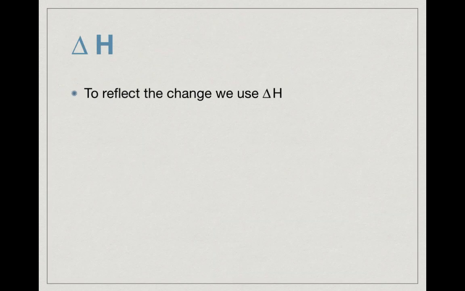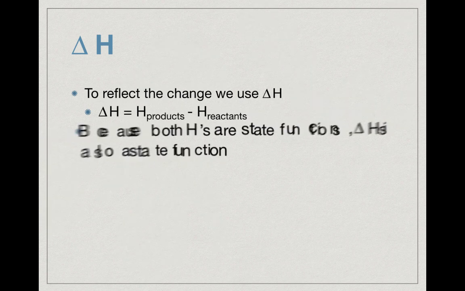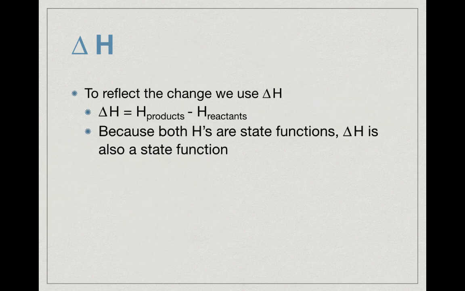So let's talk about delta H a little bit. To reflect that change in enthalpy in going from reactants to products, we use delta H. And since it is a delta term, we're going to use H of our products minus the H of the reactants. Now because both of those enthalpies are in fact state functions, that means that our delta H is also a state function.